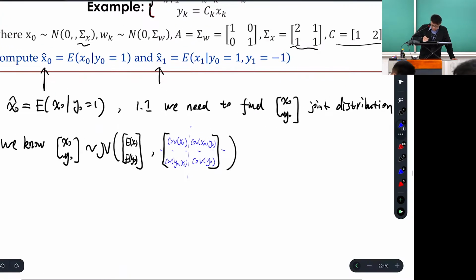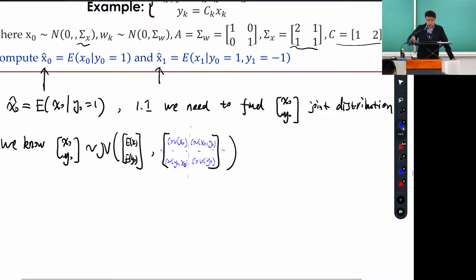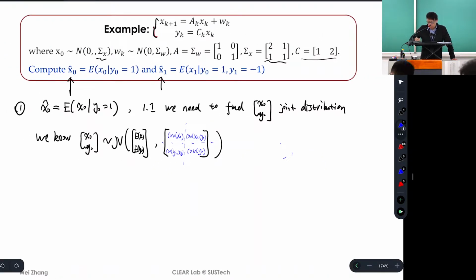There's no magic here. x0 could be R3, y0 could be R10; either way is fine. The way we structure it is just the way we partition this matrix. After a few examples, you will feel more comfortable about this.